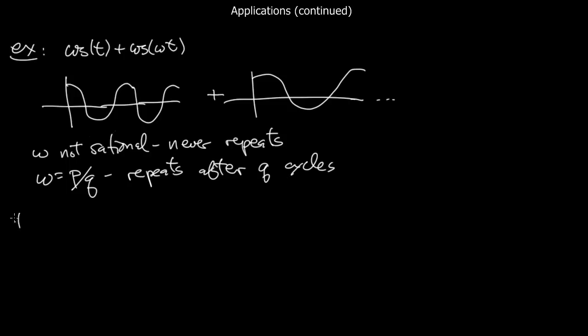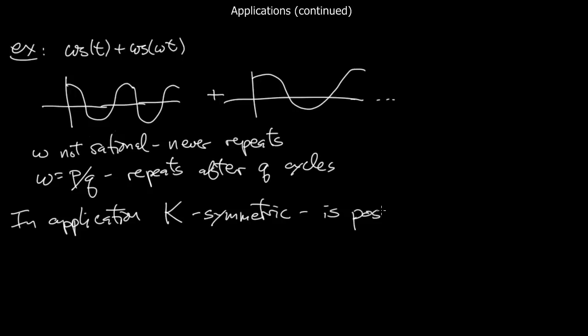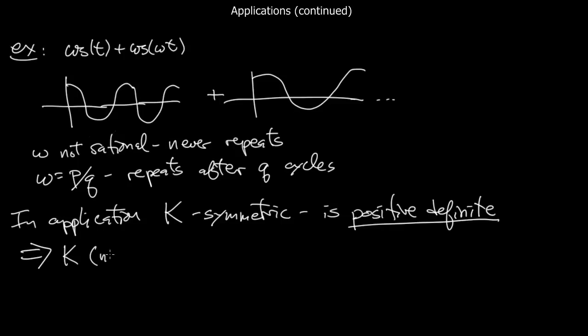Okay, now in our applications, it's going to turn out that this matrix K that we're talking about is symmetric and positive definite. That's great, because since it's positive definite, all of its eigenvalues are in fact positive, and its eigenvectors are linearly independent. In fact, they can be taken to be orthonormal. So everything I said previously will work perfectly well in this setting.